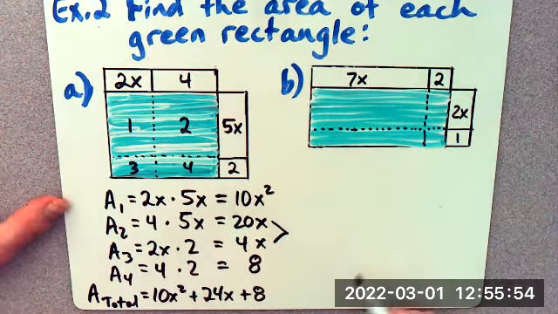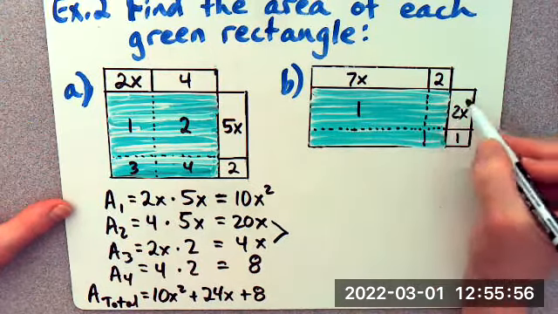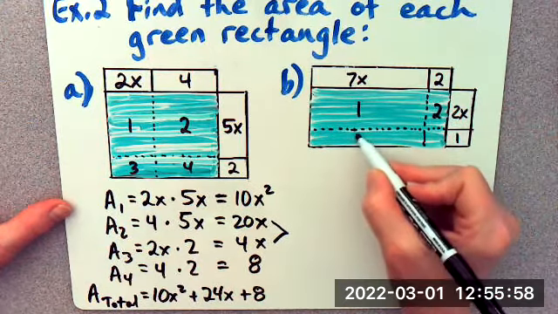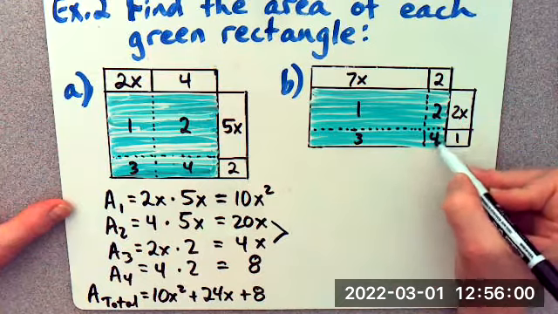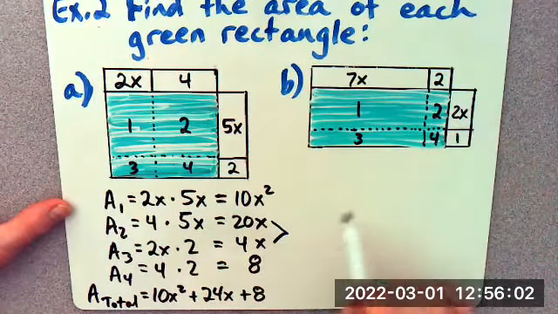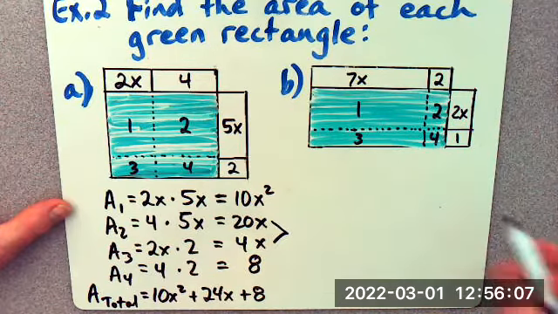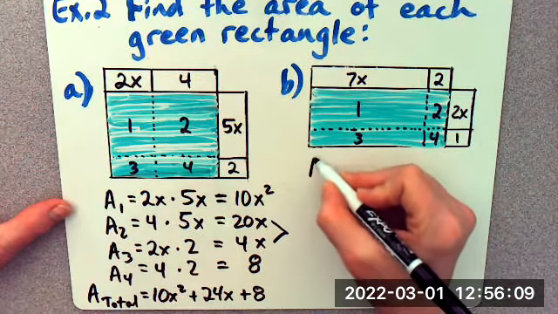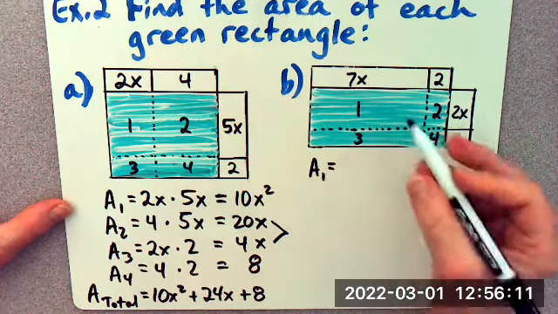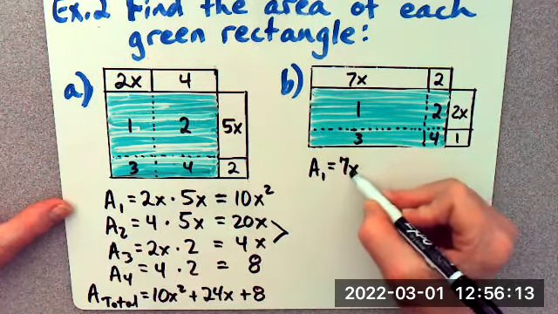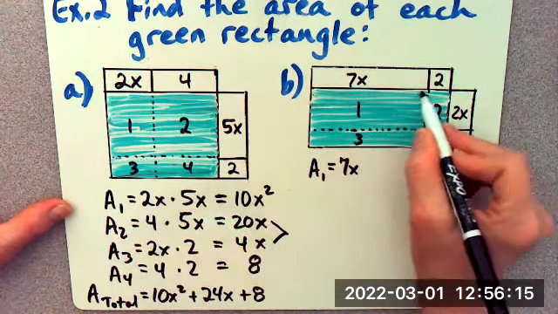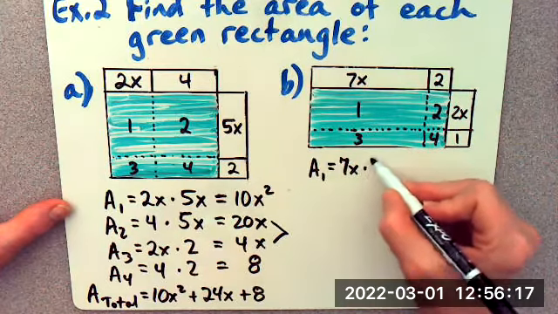Okay, so if we do it this way, we have area 1, area 2, area 3, and area 4. So we're going to add it all together, and we get the total amount of green area. So let's take a look at area 1. That's 7x for this length, and the width is 2x.